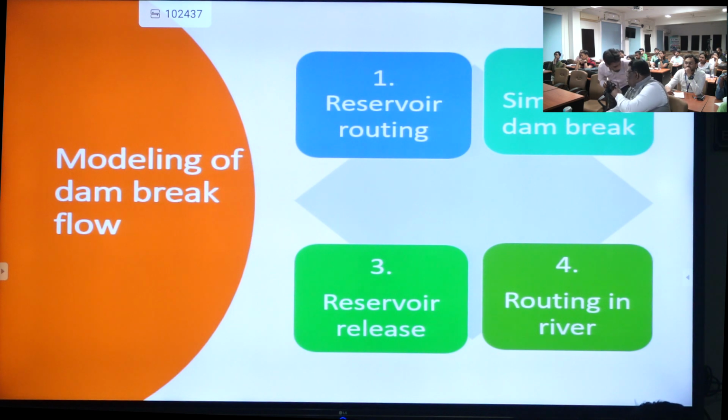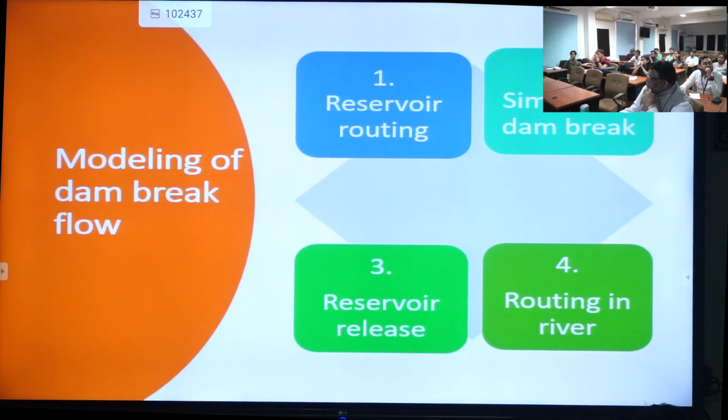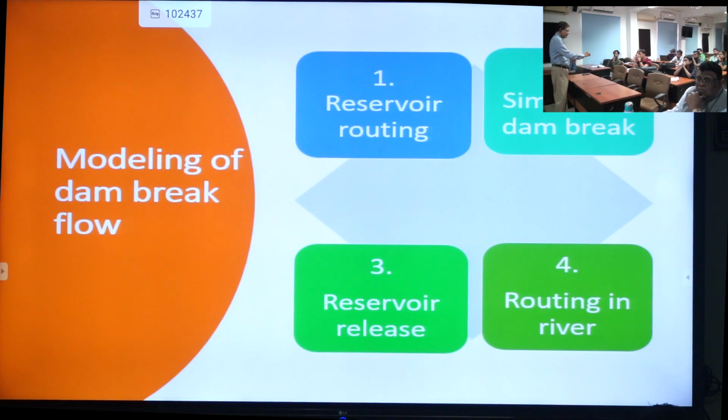I have some figures I will show afterwards. How much level it will avail, what level it will reach. Those kinds of dam break simulation are done by the program, of course based on the data provided by the user.